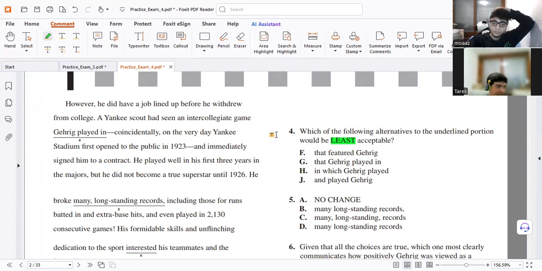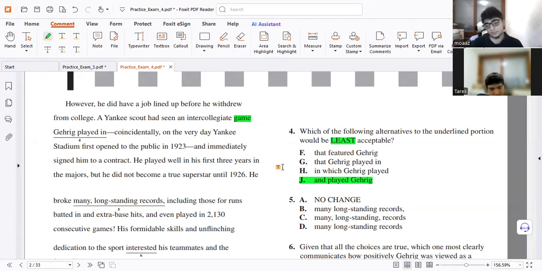H. Ryan. J. Letter J is correct. We need the wrong one. Check with meaning. If I say "in which Greg played," which is a game, it's the same. I said here Greg played in the game.